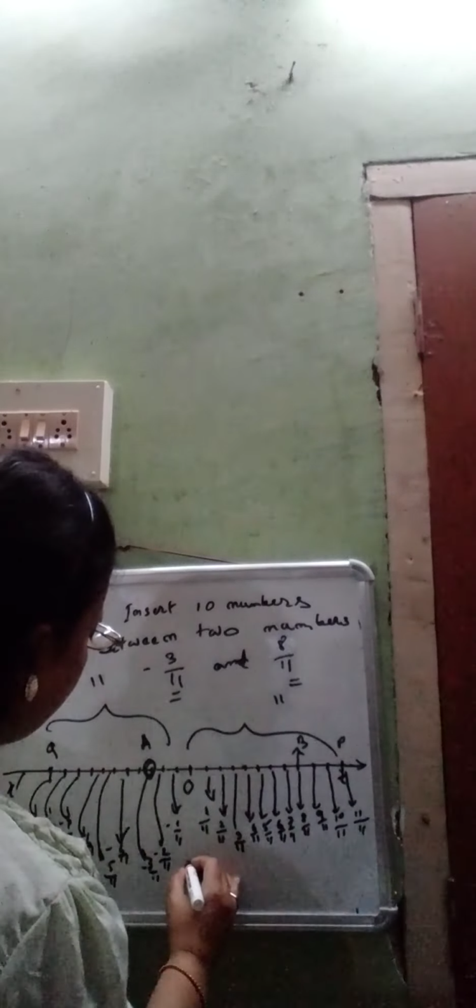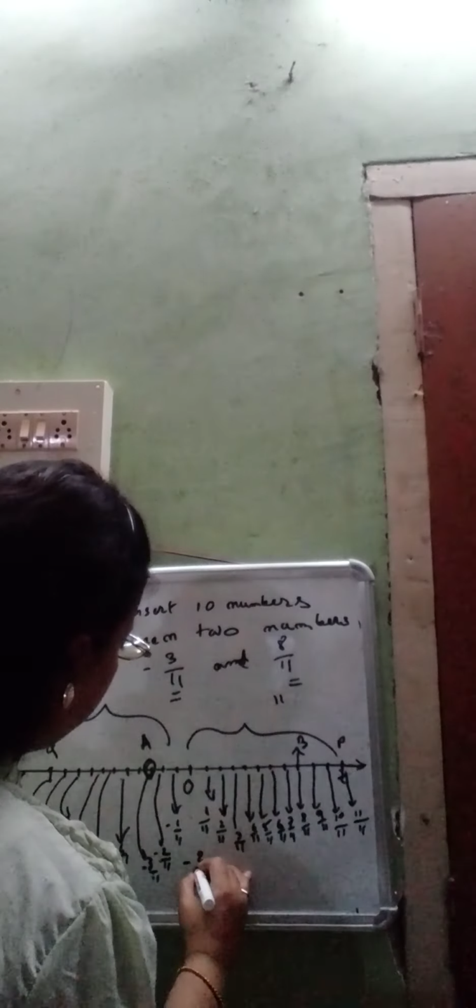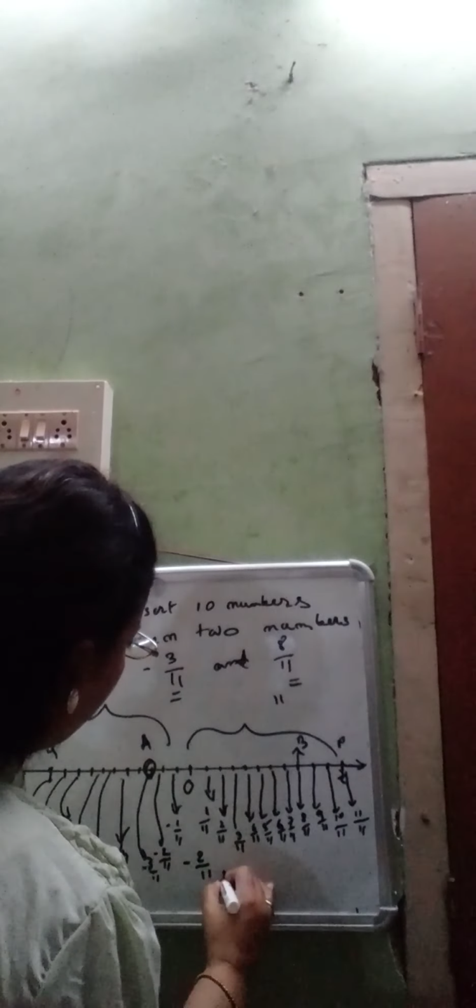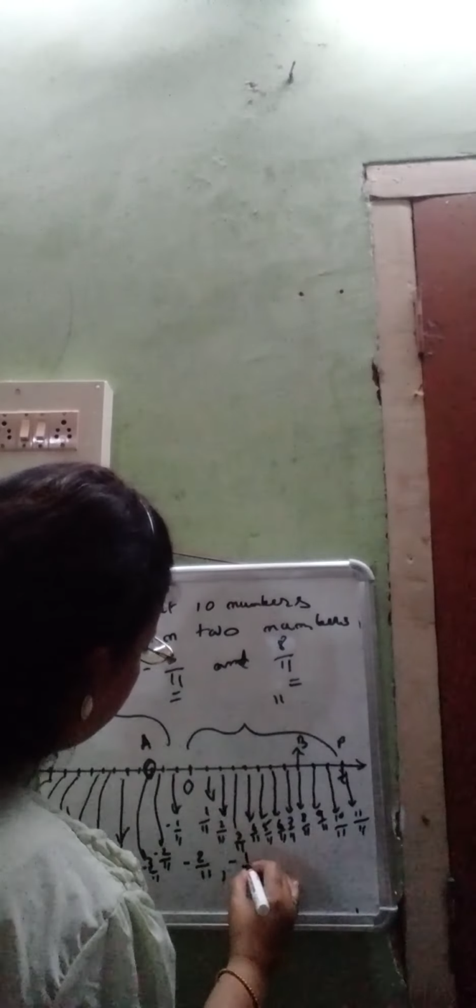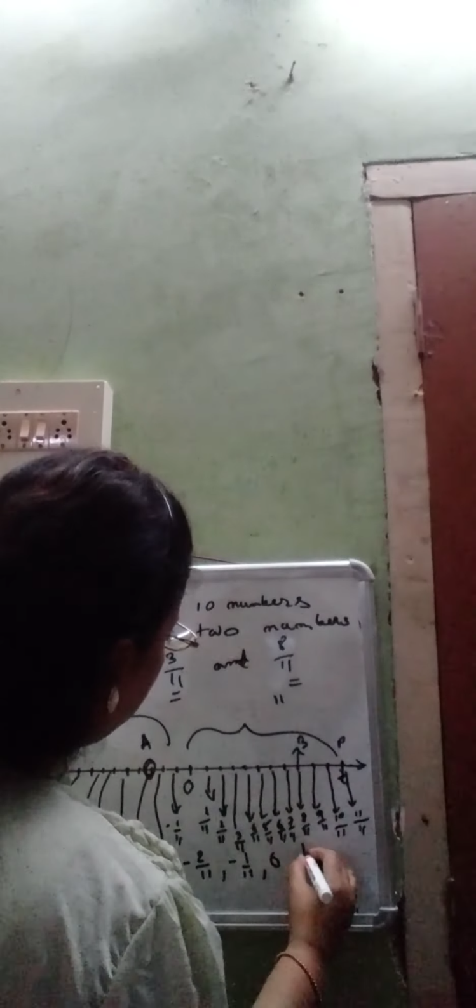Understand? That means we have minus 3 by 11, then minus 2 by 11, then minus 1 by 11.